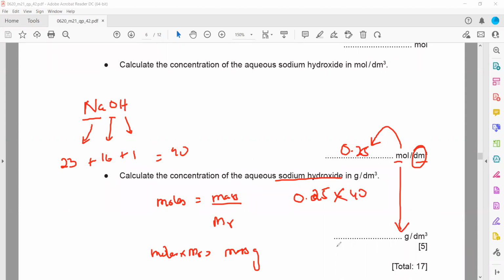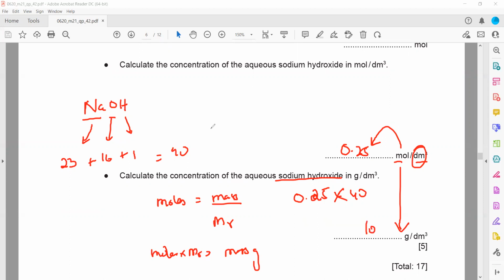So 0.25 multiplied by 40 gives the mass, which is 10. So the final answer is 10 gram per decimeter cube.